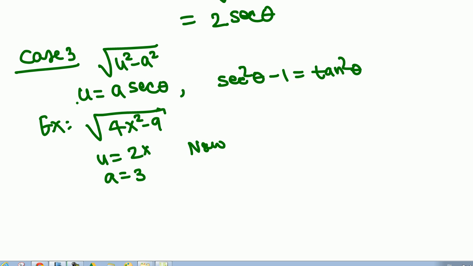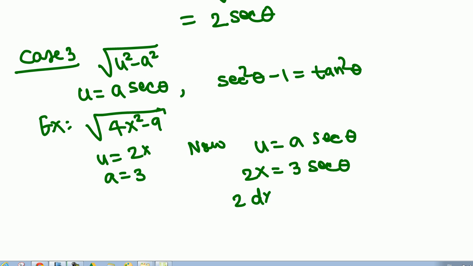Now we make the substitution u equals a secant theta, which is 2x equals 3 secant theta, and we take the derivative of both sides with respect to theta, so 2 dx over d theta equals 3 times the derivative of secant, which is secant tangent, so 2 dx equals 3 secant theta tangent theta d theta.